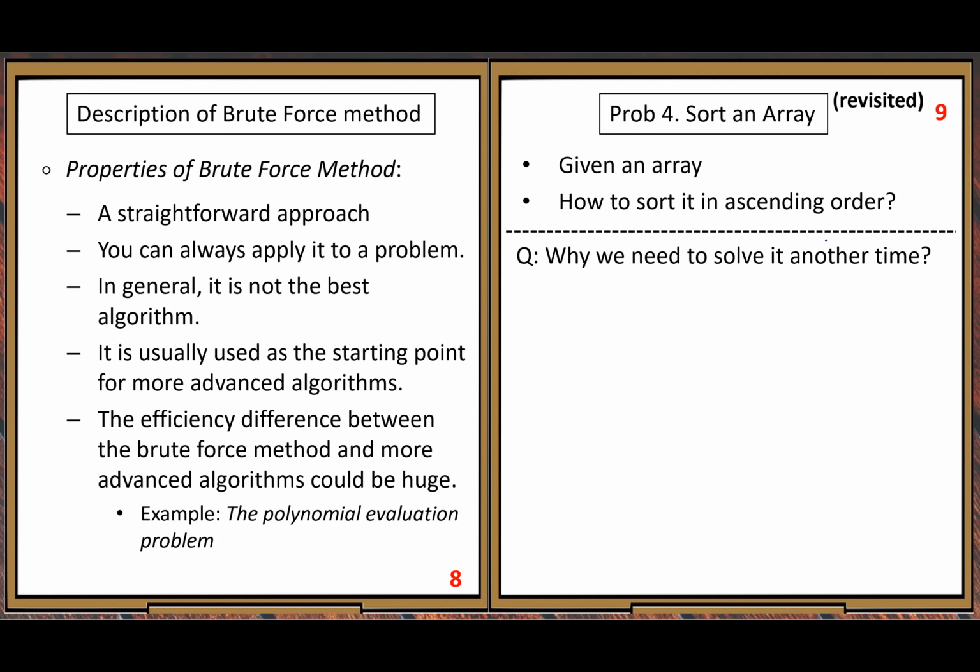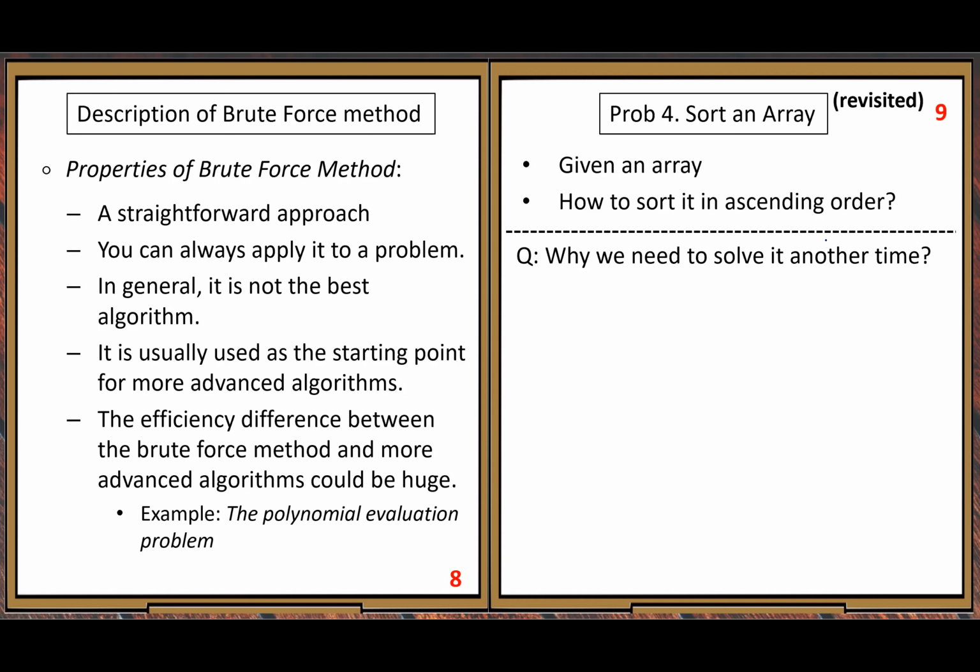So we want to completely change our view, a different view. You may ask this question, why do we need to solve it another time? We already solved it. One answer is because the old solution is not good enough, so we want to improve it.